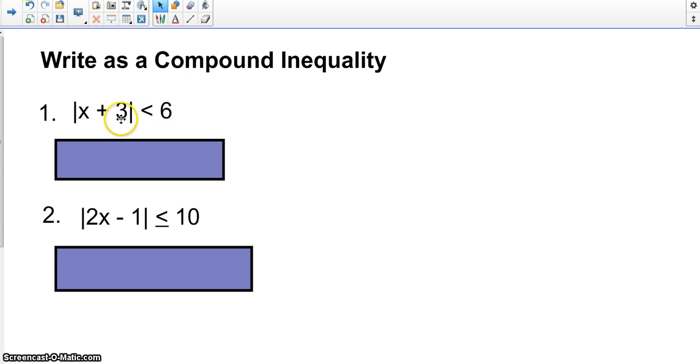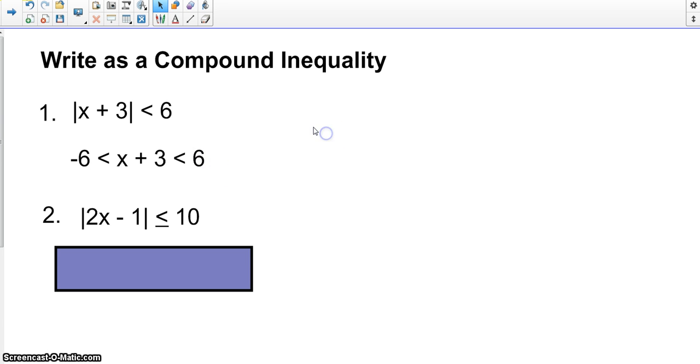So absolute value of x plus 3 is less than 6. That would change into negative 6 is less than x plus 3, and that is less than 6, okay? And then you would solve this by adding 3 to all 3 parts, and that would give you the solution for this, okay? So like I said, the key is to change this into this, okay?